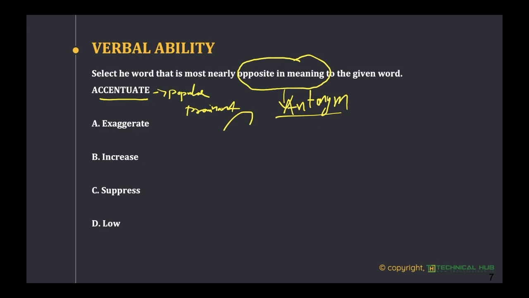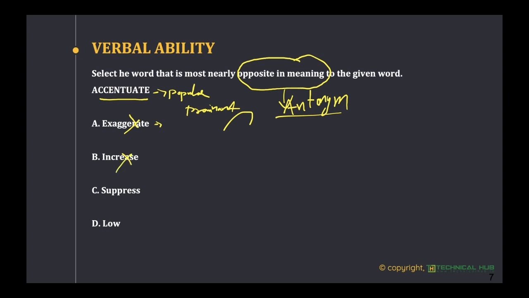Now let's see the words. Exaggerate is something like creating a hype. It is almost equal to accentuate, but here we need the opposite in meaning, so this is a wrong answer. Increase, again, develop, wrong answer, because it's not a synonym. We need an antonym here.